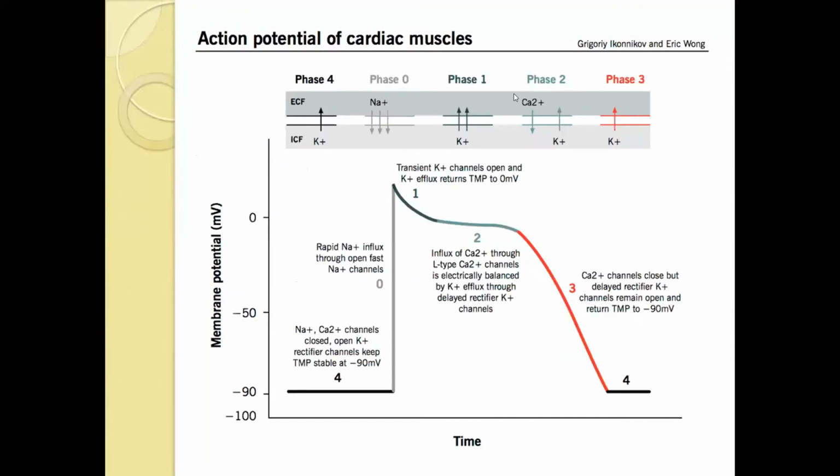So let's say this is at 20 millivolts; now it has returned to 0 because of the opening of the potassium channels.